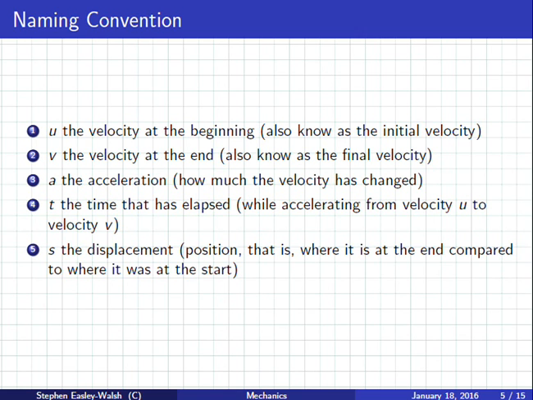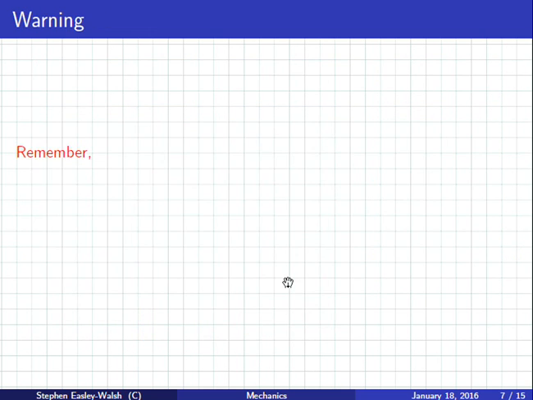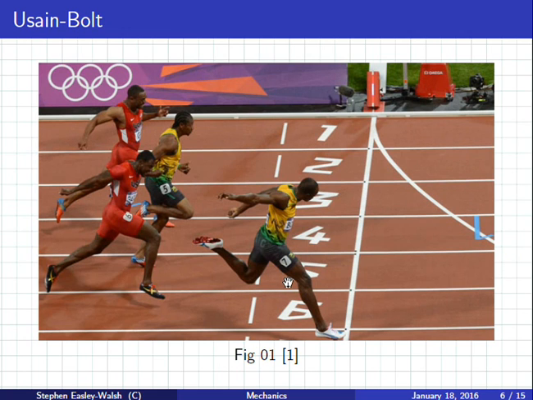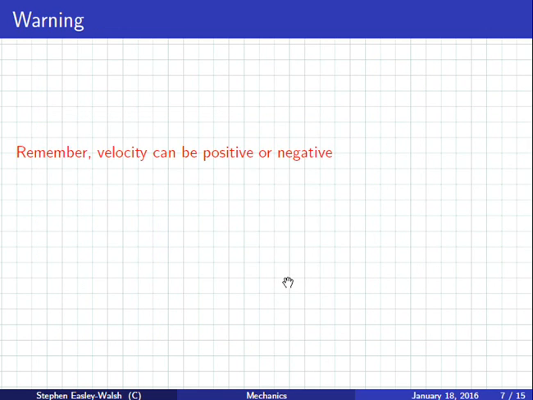So the units are meters per second squared. Might be good if you write this down. So this is the dimension, and then these are the units. Meters per second squared. That's okay, is it? Okay, can I continue?